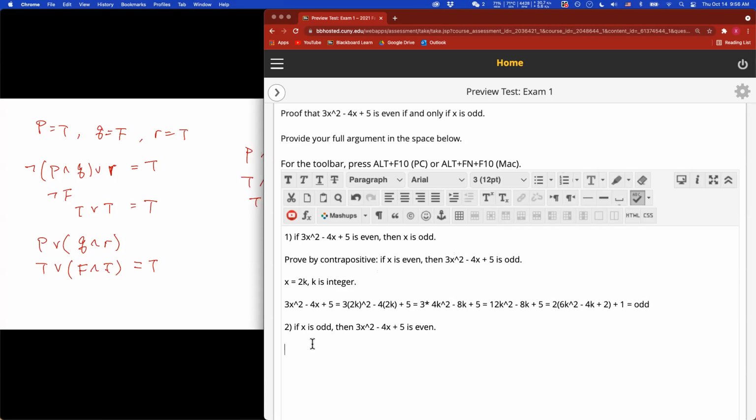Now next we need to show if x is odd, then 3x squared minus 4x plus 5 is even. For x odd, again you write x as 2k plus 1, where k is an integer.